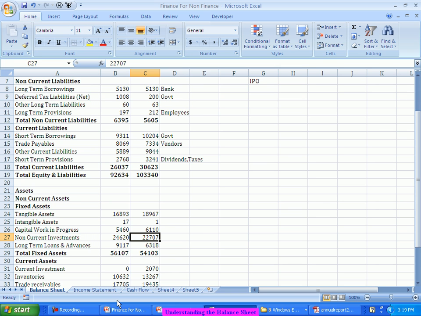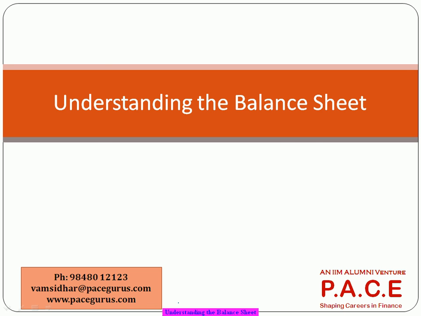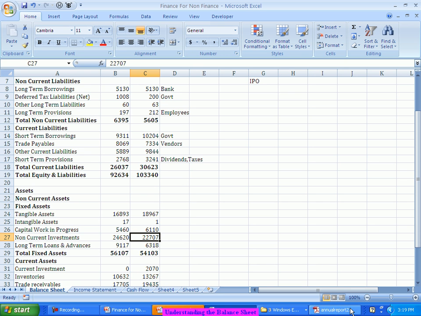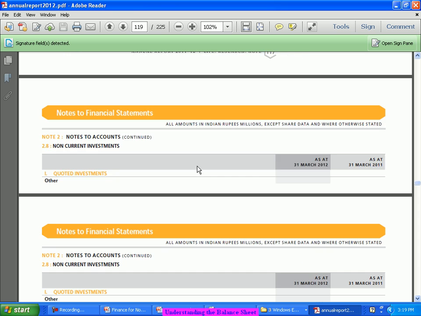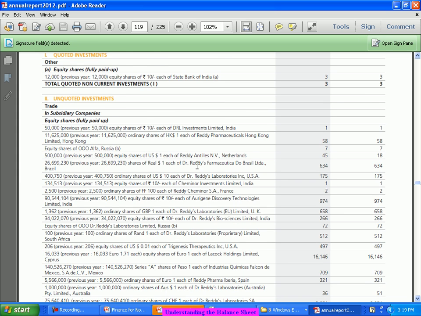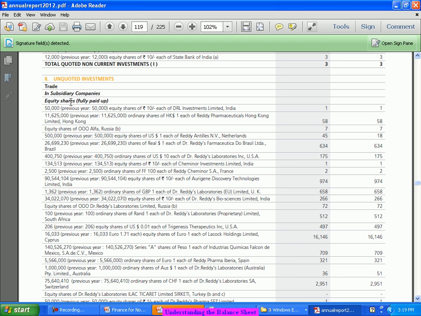What are all the things this company is having? Probably you can look at it in their annual report. You see, these are all the shares. They have subsidiary companies. They have invested in some subsidiary companies. You see all the details. DRL Investments India Limited, which is nothing but again Dr. Reddy's itself. These are all some kind of Dr. Reddy's group of companies itself. Dr. Reddy's Labs have invested something like this.